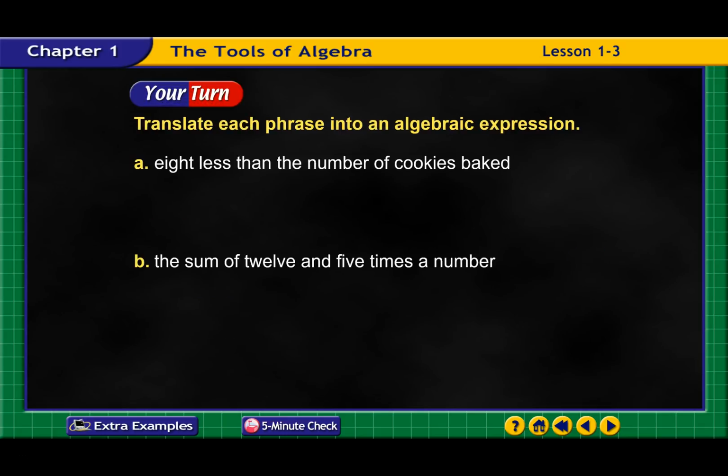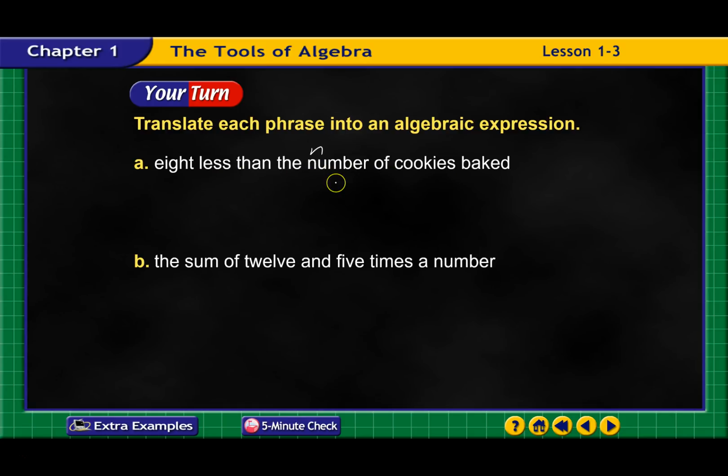All right, try these in your notes. Answer them on the right. Go. Okay, so I got my words. I'm going to use a number, so I'm going to make that an n. 8 less than the number of cookies baked.